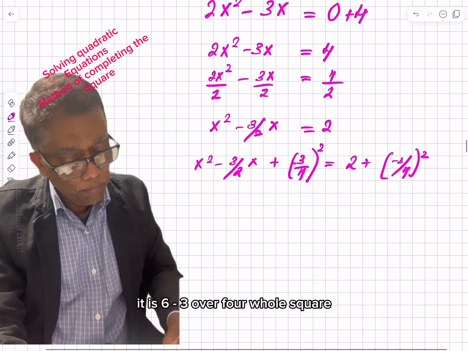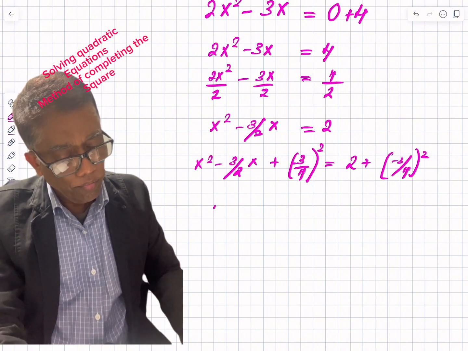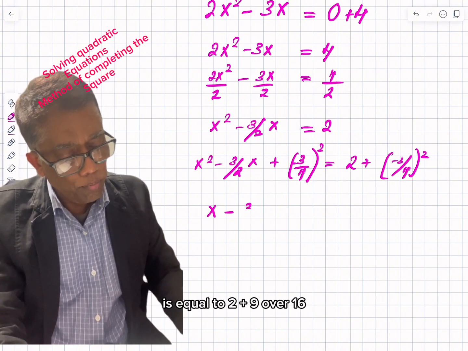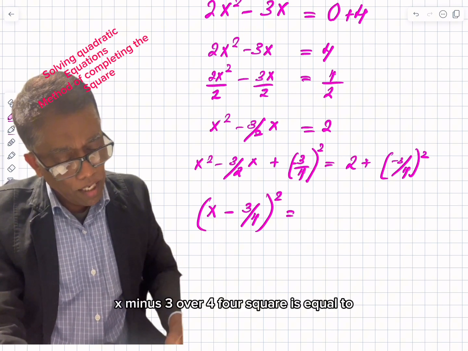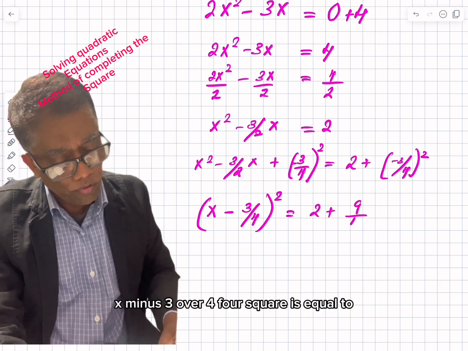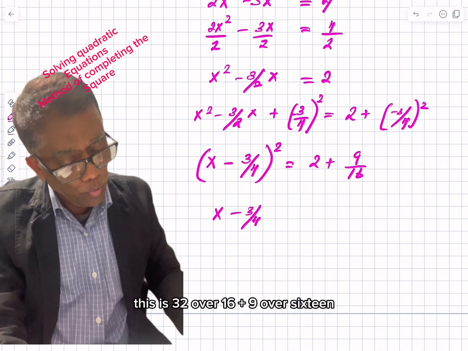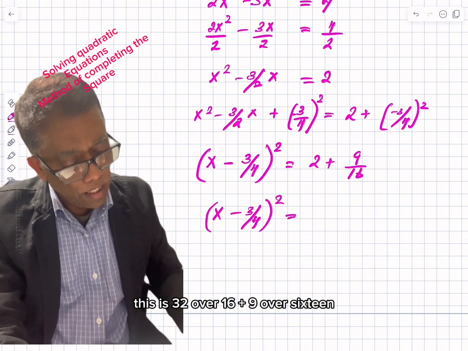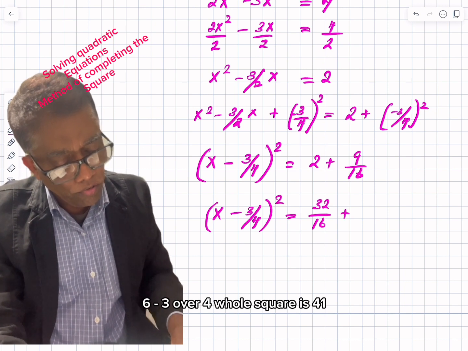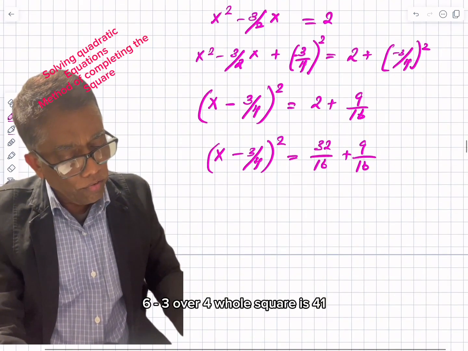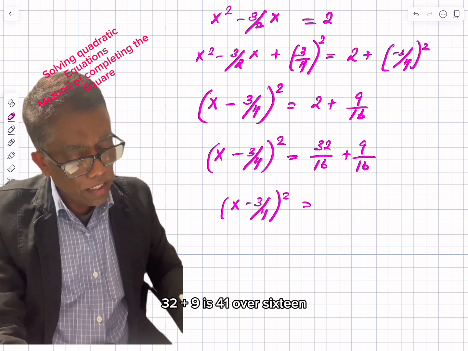It is x minus 3 over 4 whole square is equal to 2 plus 9 over 16. x minus 3 over 4 whole square is equal to 32 over 16 plus 9 over 16, which is 41 over 16.